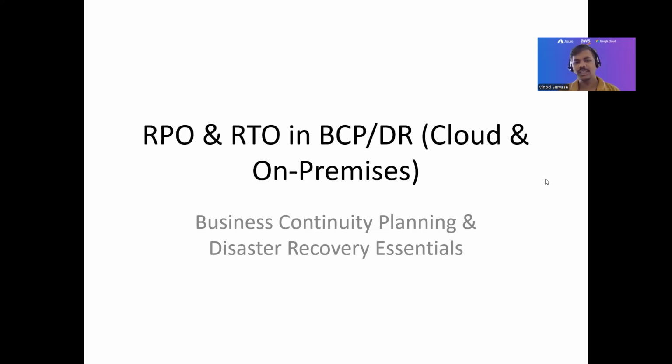So what is it? RPO and RTO in BCPDR, including cloud and on-premises. Essentially, it is business continuity planning and disaster recovery for the business and for the organization. Now, this is applicable to on-premises as well as cloud, and even if we have a hybrid environment, right?